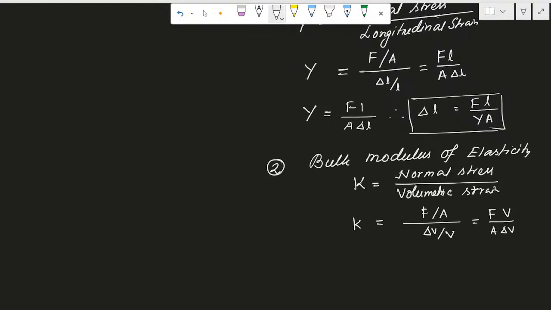And therefore I can say delta V can also be written as FV by KA. Correct? Clear?